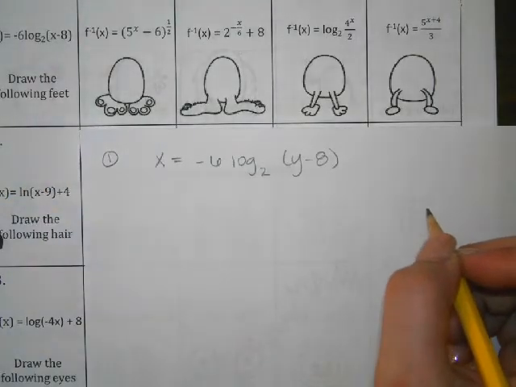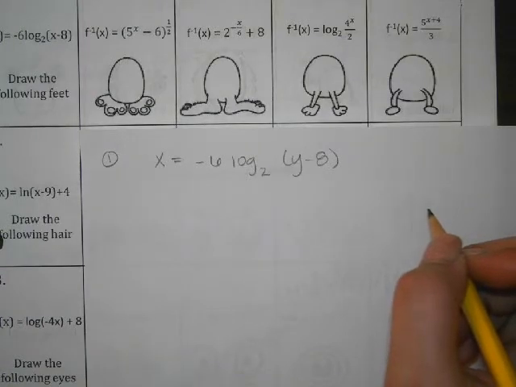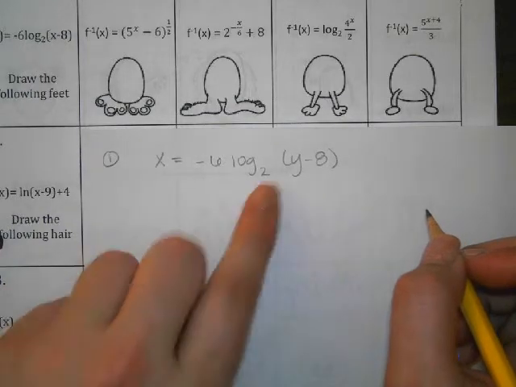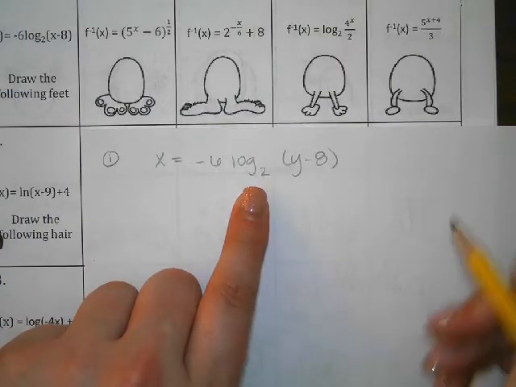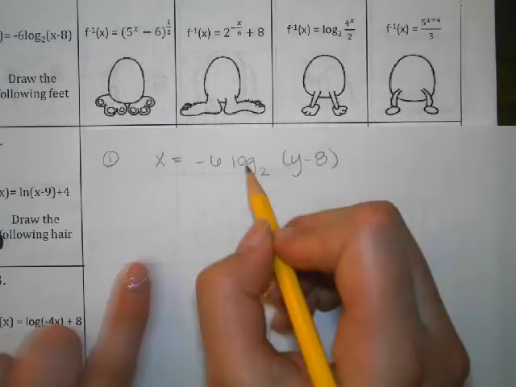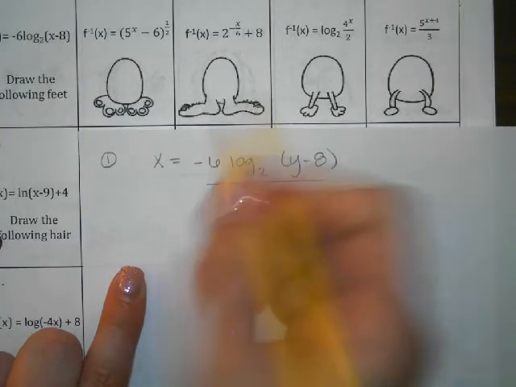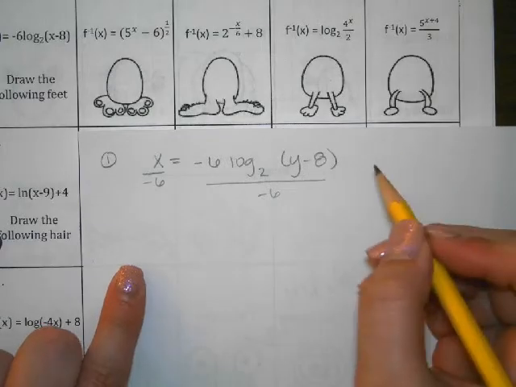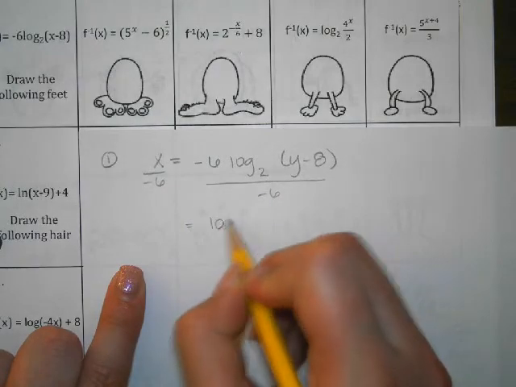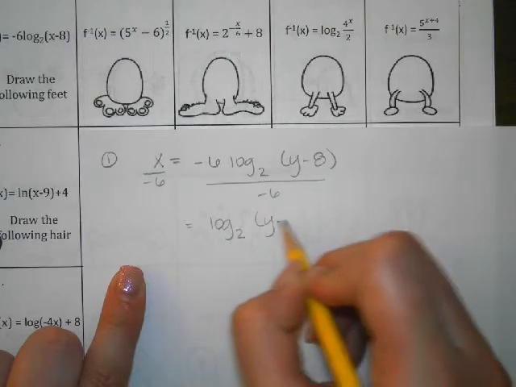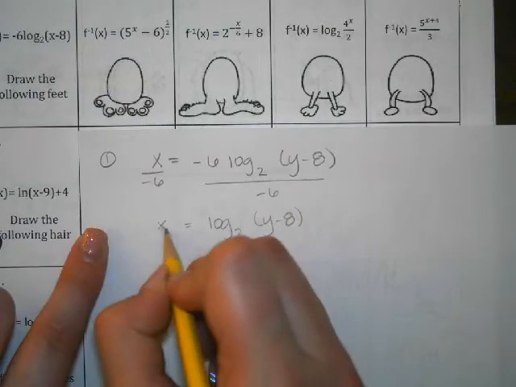So when I find inverses, the very first thing I do is I trade my x and y. After I trade my x and y, what am I supposed to do next? Solve for y. Okay, so what is something I could move away from the y? The -6. So I'm going to go ahead and divide by -6 on the right and divide by -6 on the left. So I have log base 2 of y minus 8 equals x over -6.